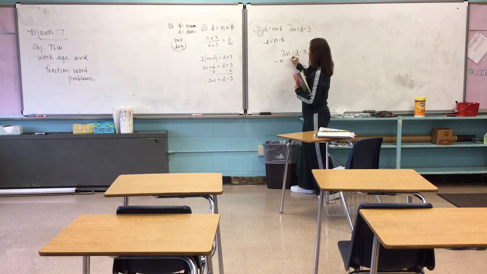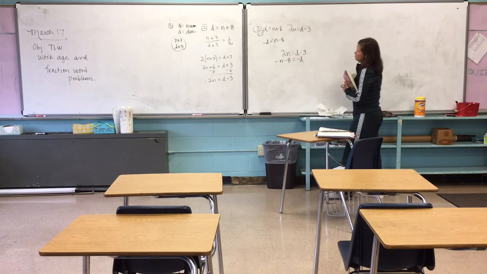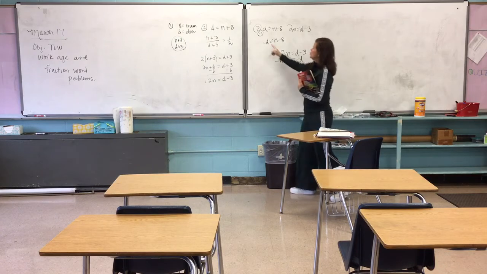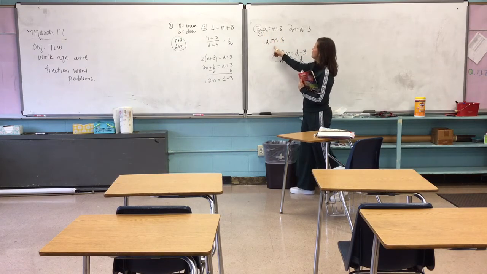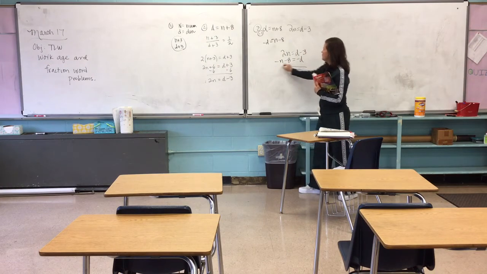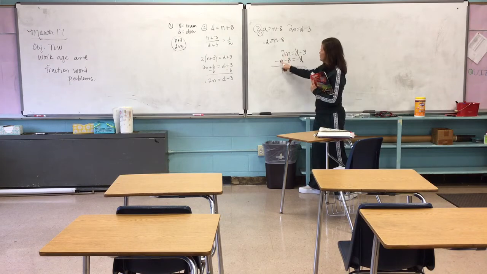Negative n minus 8 equals negative d. I'm using elimination. So I multiplied this equation by a -1. All of the signs changed. Putting them together, I'm going to add them together. My d's cancel. I get -3 equals n minus 8.